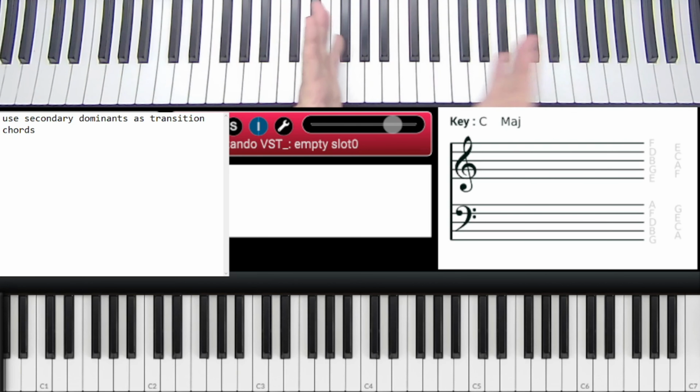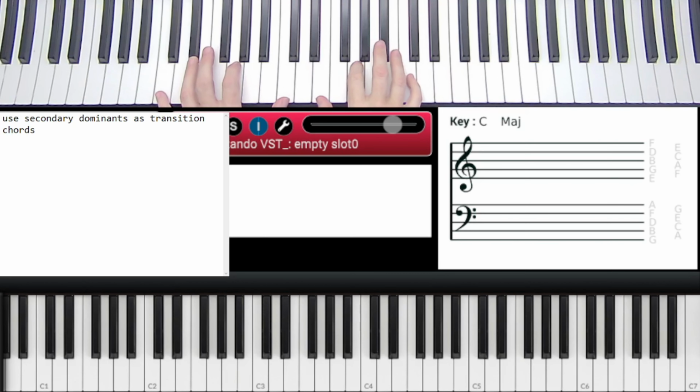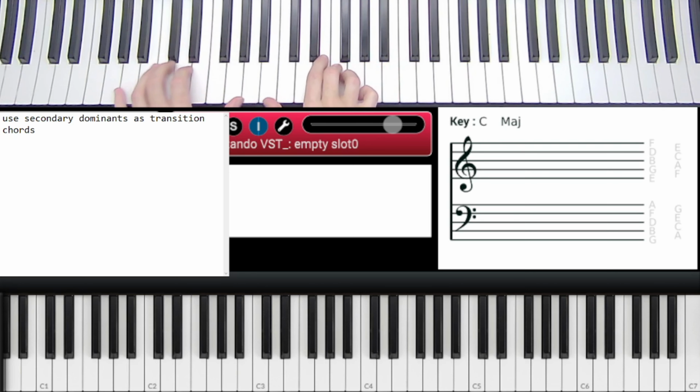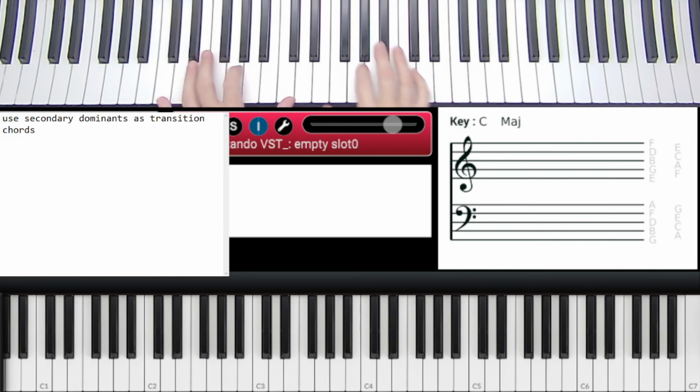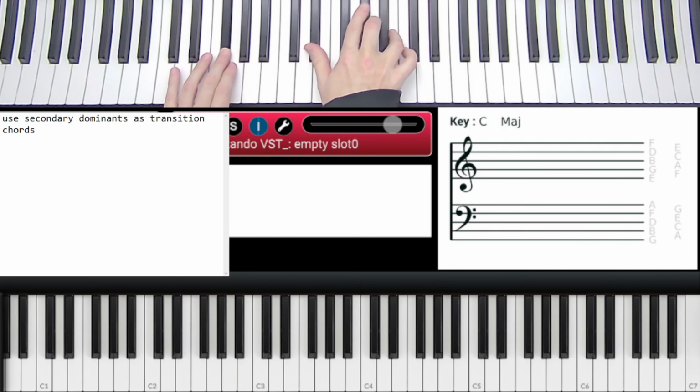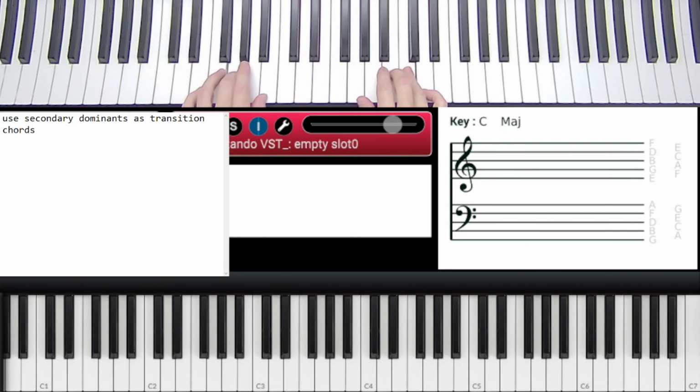Now what you'd normally expect with a secondary dominant, well, we'll give an example. Something like this. Return to C, but we're not going to do that. We're not going to give the listener that. We're not going to return to C. We're going to stay in E minor. Secondary dominant. Now just stay in E minor.